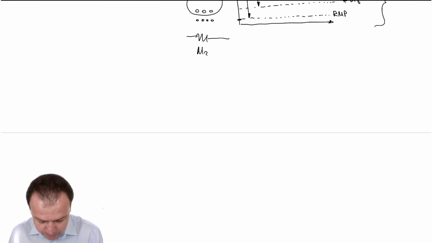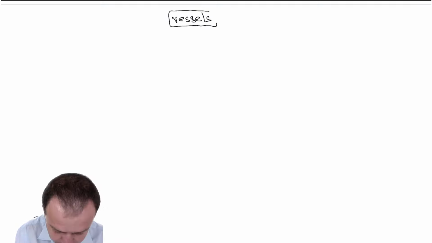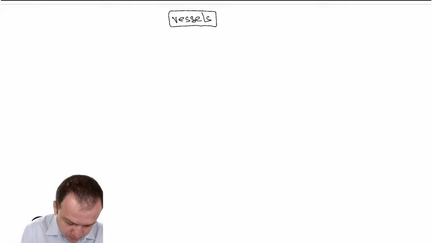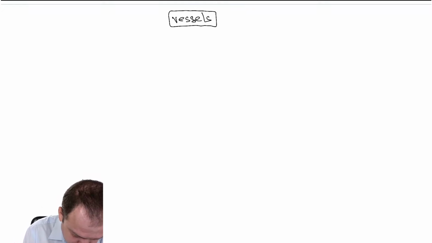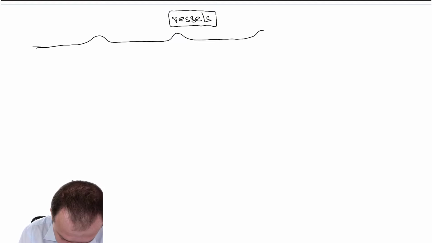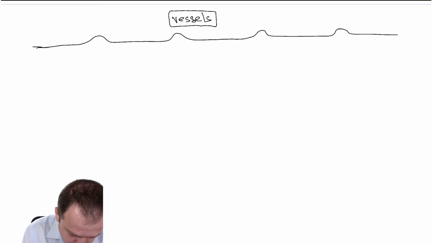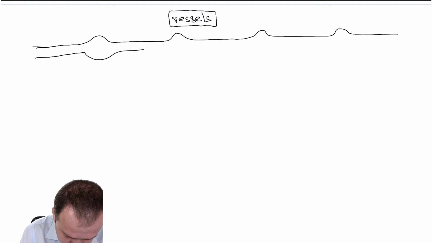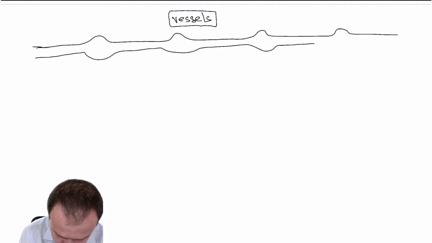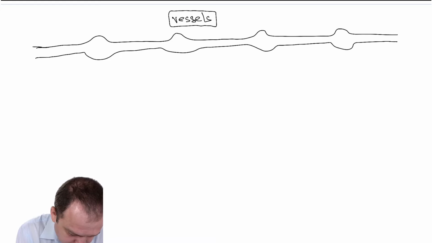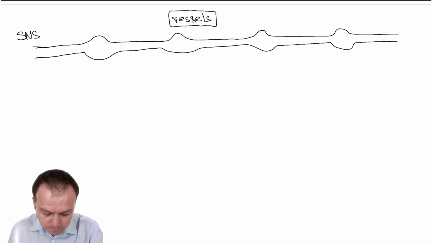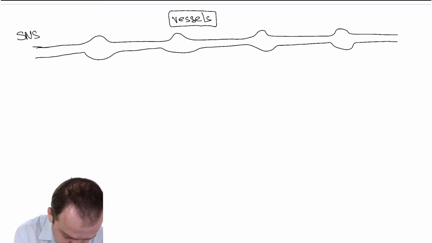Next, we should discuss vessels. And we should see a few words about type of receptors in the vessels. We know that vessels, almost all vessels in the human body, innervated by sympathetic nervous system, and sympathetic nervous system produces fibers, yeah, or nerves of sympathetic nervous system.